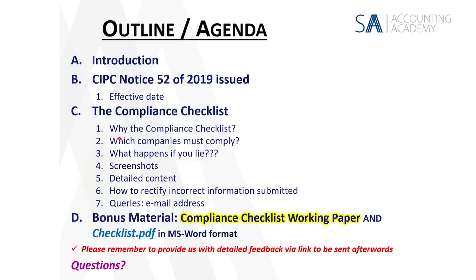I've given you why, which companies have to comply, what happens if you lie. Let's look at some screenshots, look at the detailed content, how to fix something if you've submitted something incorrect, and who to phone, your phone a friend if you want to send an email. Under the bonus material, I've given you the most important one, highlighted in yellow, called Compliance Checklist Working Paper.